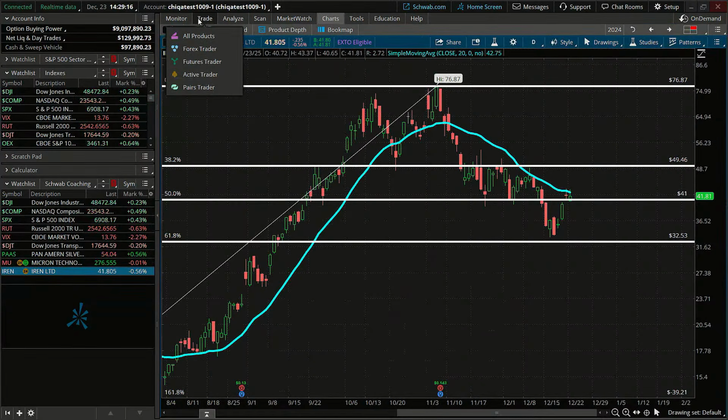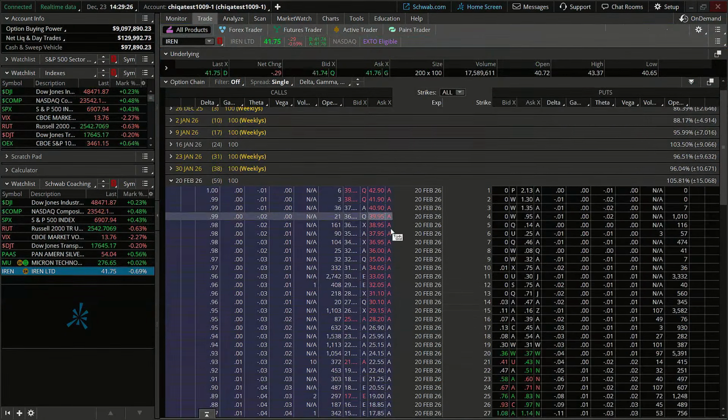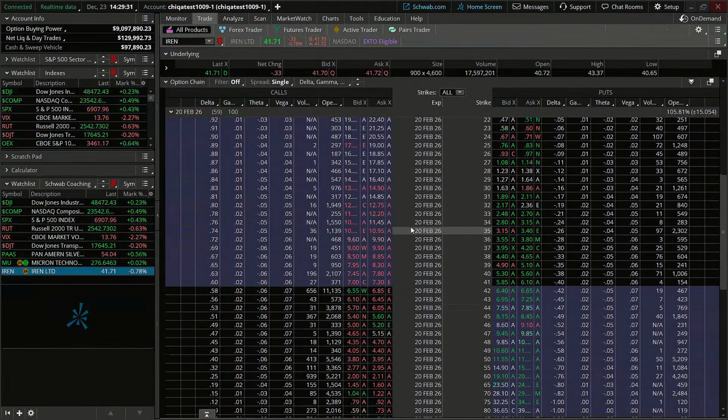Just as an example to show you how traders may trade these levels, I'm going to go to the trade tab here. I'm going to look at the 20th of March, a couple months out from expiration, because I want to give us a little bit of time in this option.